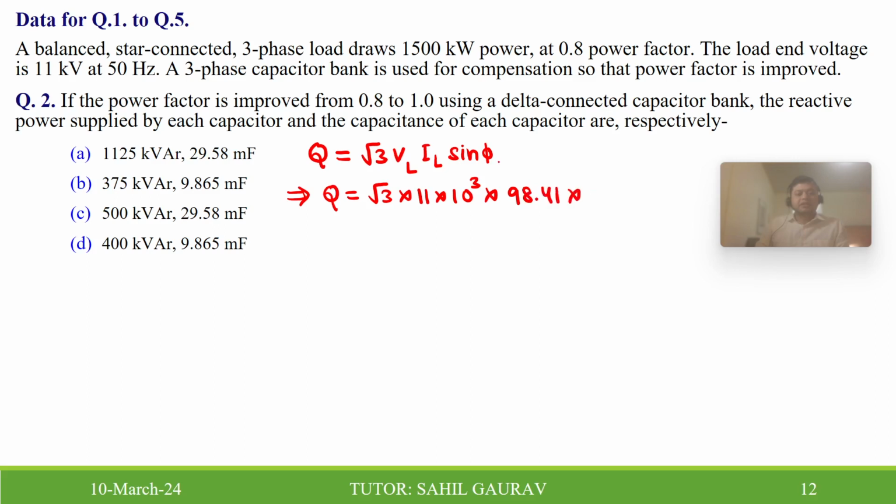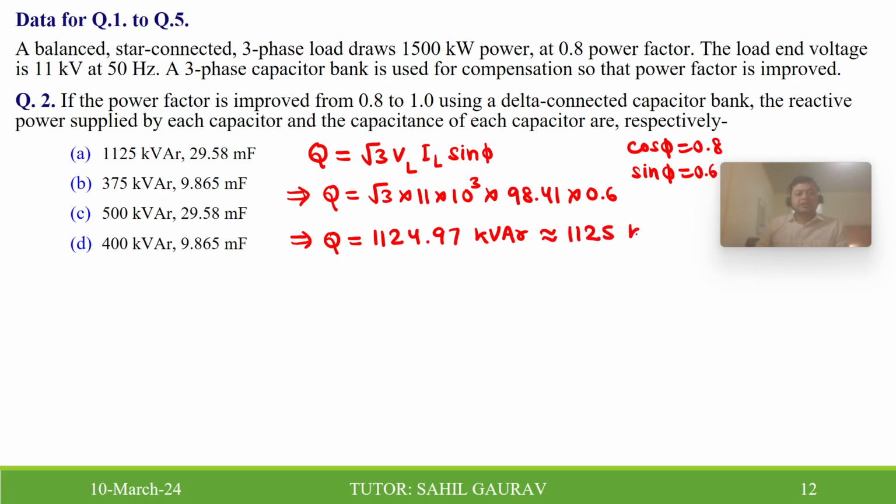Sin phi, cos phi is 0.8, so sin phi will become 0.6. So into 0.6, you will get reactive power as 1124.97 kVAR. So that is approximately equal to 1125 kVAR.